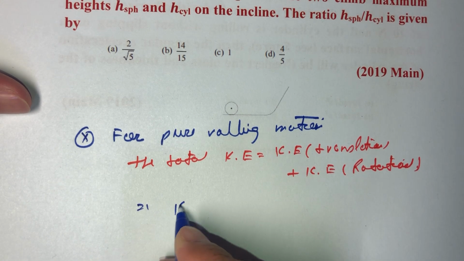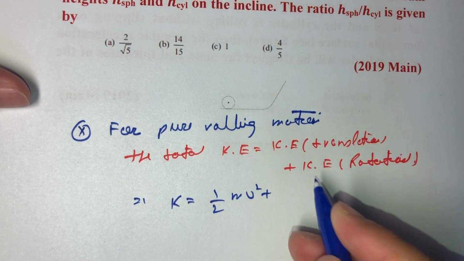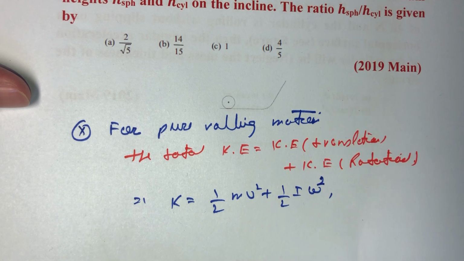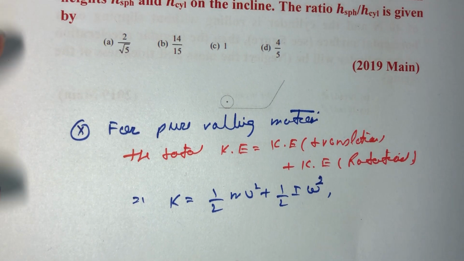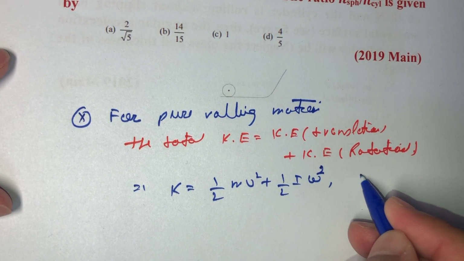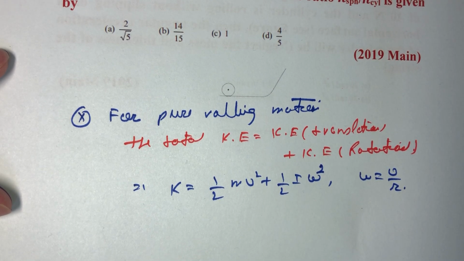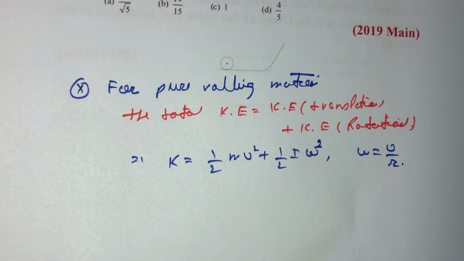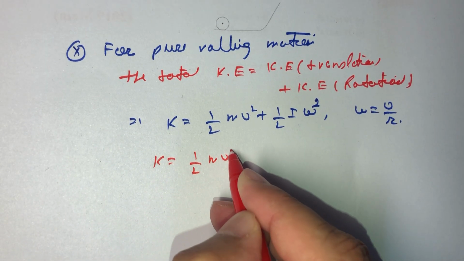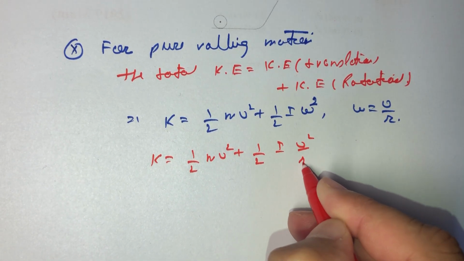Therefore, we can write this as K equals half mv squared plus half I omega squared. And we know that omega is equal to v upon R, where R is the radius. Therefore we can write this formula as K equals half mv squared plus half I v squared upon R squared.